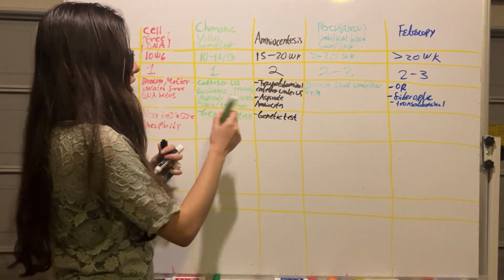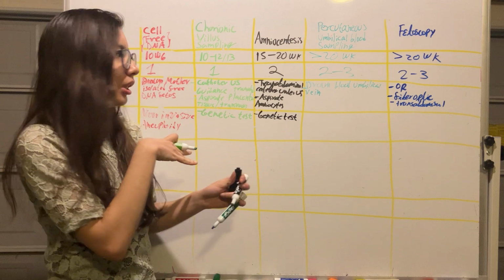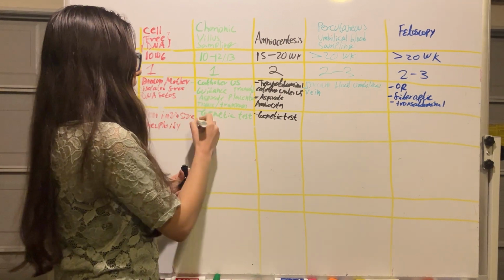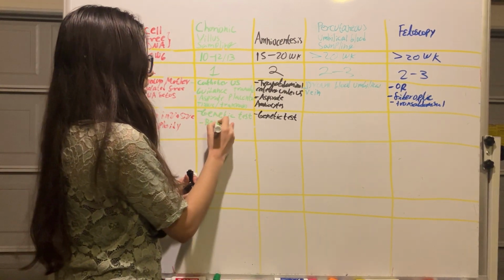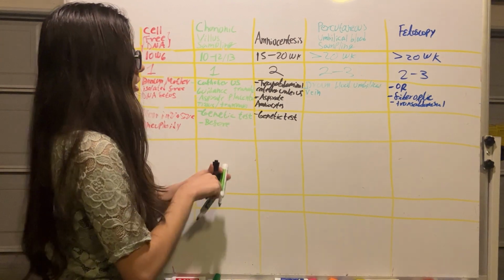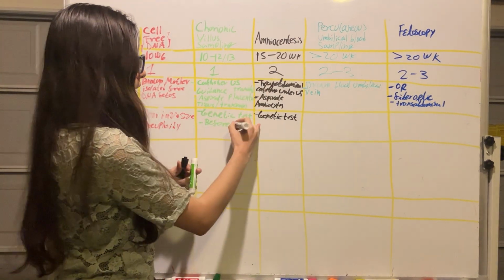And comparing chorionic villus sampling with amniocentesis, chorionic villus sampling can be done before amniocentesis. This is done in the first trimester, this is done in the second trimester.